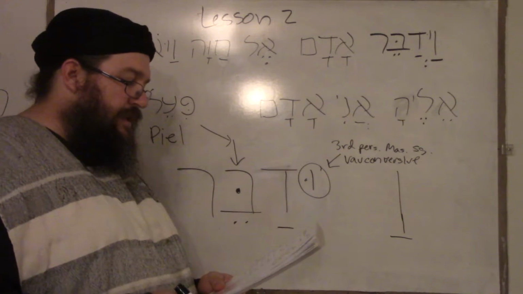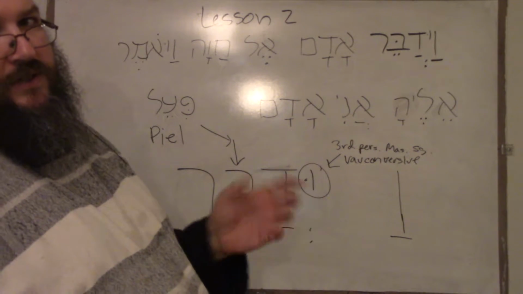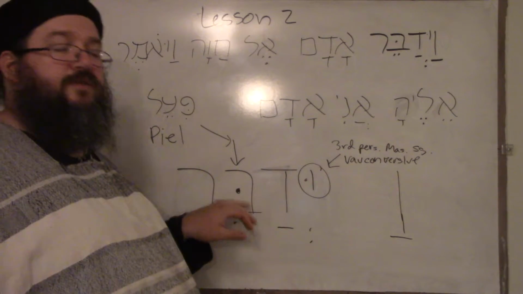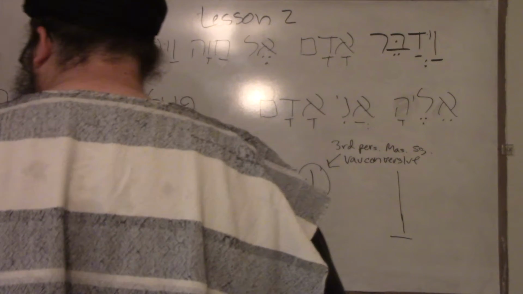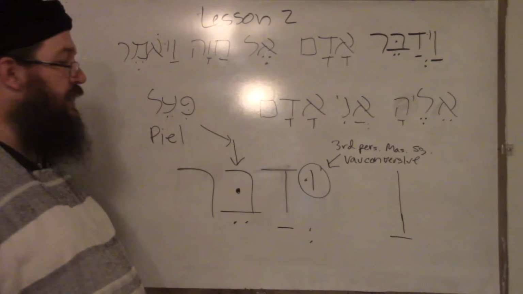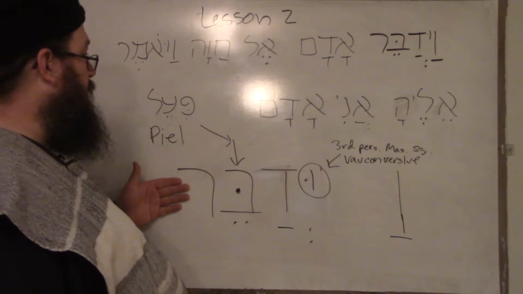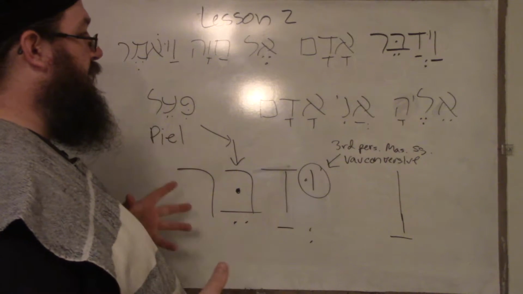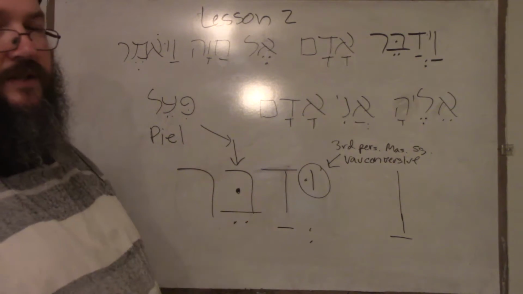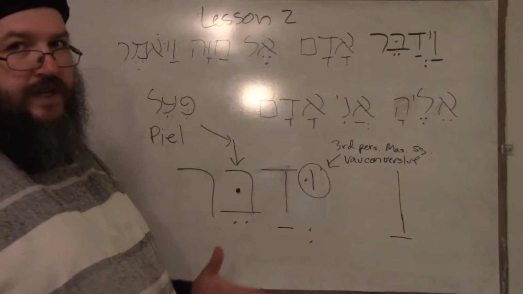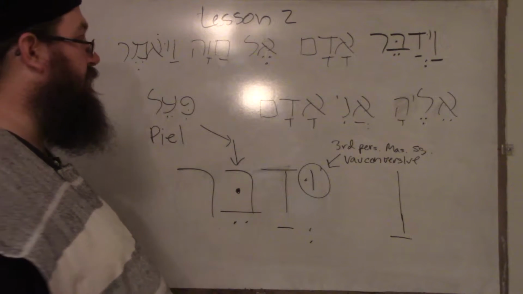Here, the only differentiation is a little vowel difference, and the dagesh in the second letter. So I know that this is a PL verb because it follows the PL chart, and all of these things give me what I need to know regarding the connections I should be looking for when identifying it.